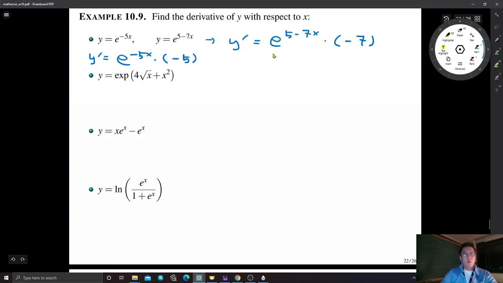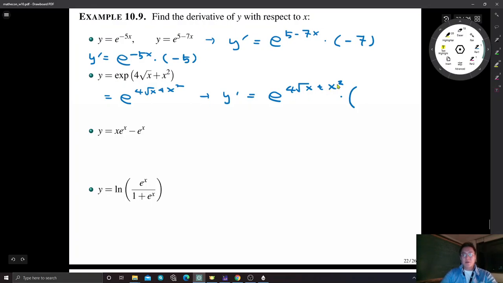Okay? We have an exponential of this expression. Remember, this is the same as e to the power, alternative expression of natural exponential function. So the derivative of this is, we rewrite the function and then multiply by the derivative of the power.